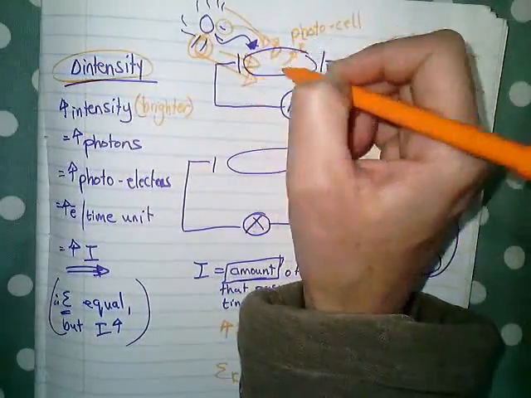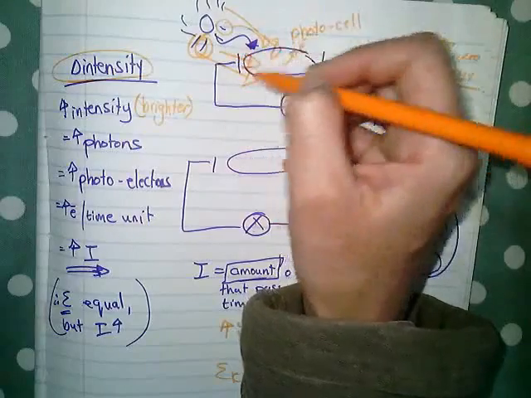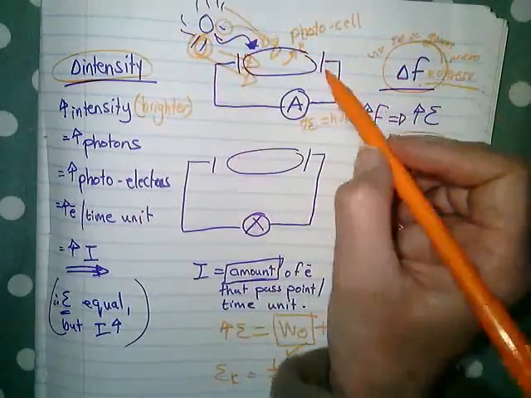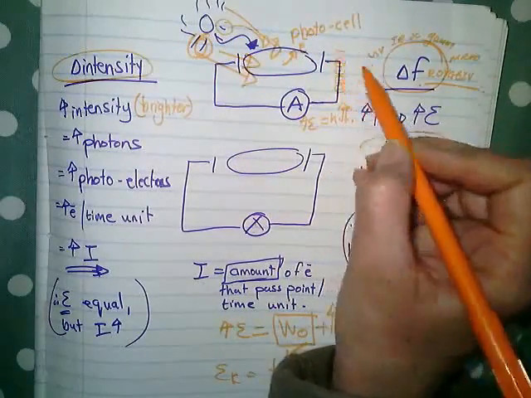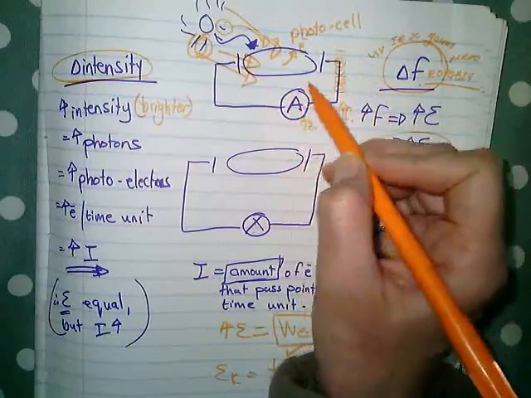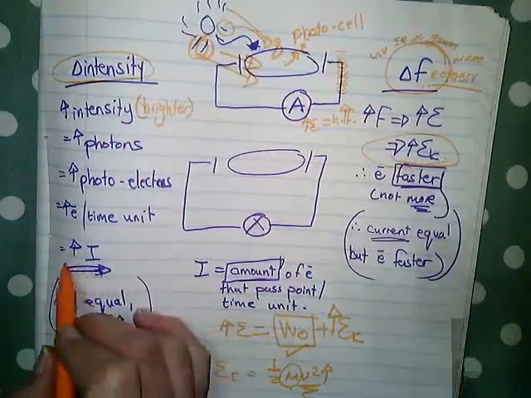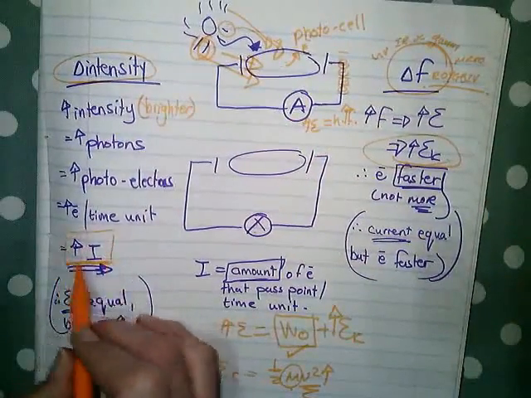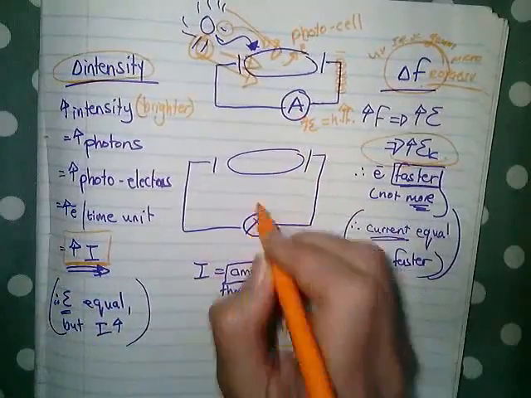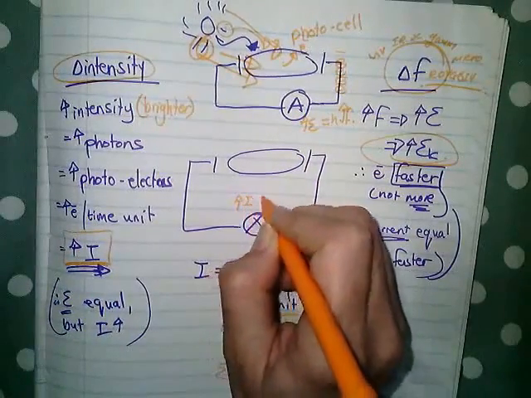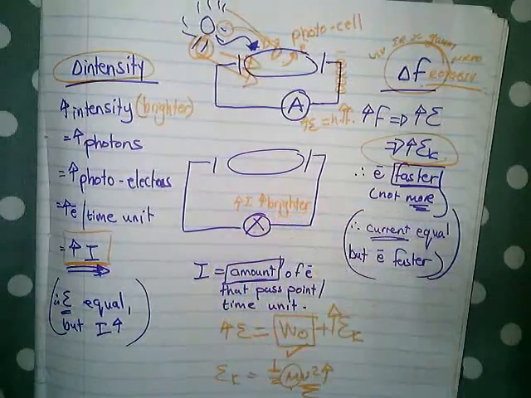Okay? So now, because there's now 4 photoelectrons ejected instead of just 1, we have more electrons that are released, more electrons pass the ammeter in a certain time, which means current is now increased. If it wasn't an ammeter, it was a light bulb, because the current increases, we have a brighter light bulb.